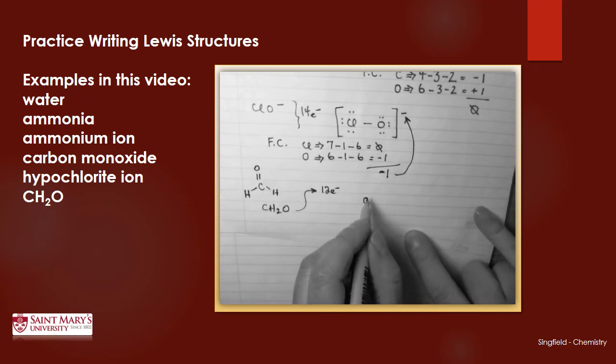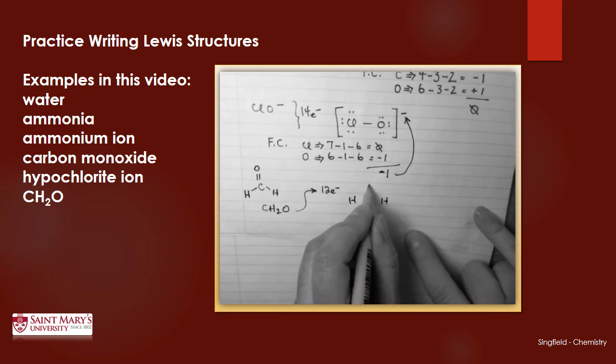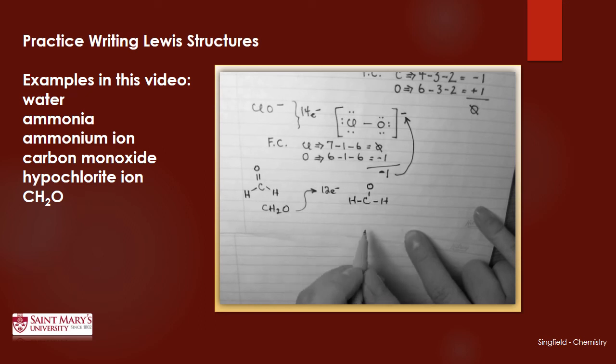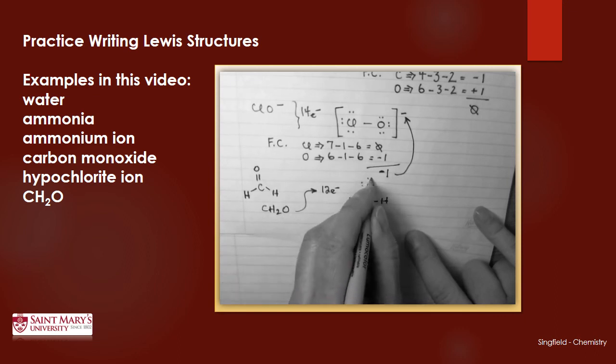And I know that I have the atoms arranged this way. Single bonds, 2, 4, 6. Hydrogens are done, 2, 4, 6. I want to put this as 8, but I never do my central atom first. I always do the outside one. I'm not doing these outside ones because they're hydrogen and they've already maxed out. 2, 4, 6, 8, 10, 12.